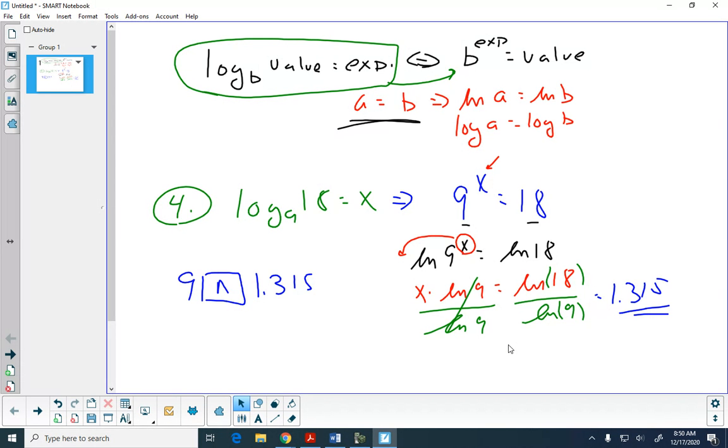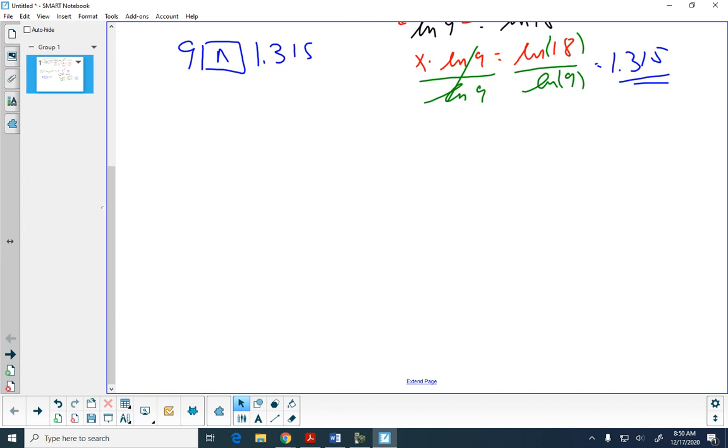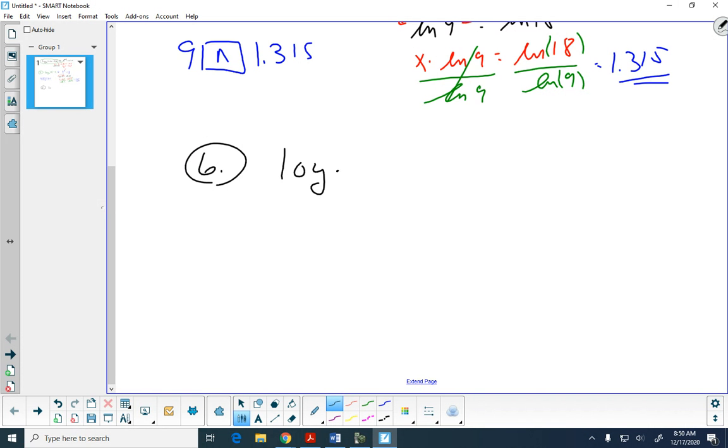If we go down to problem number 8, let's look at 6 first. 6 looks like it has some fun to it. We have log base 2 of 12 is equal to x minus 4.